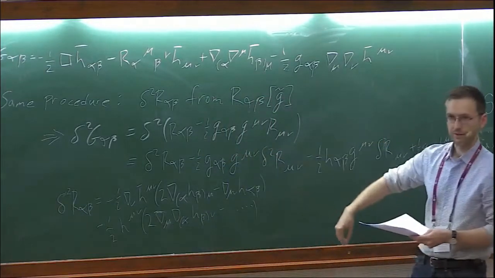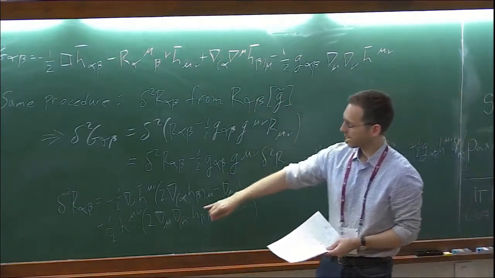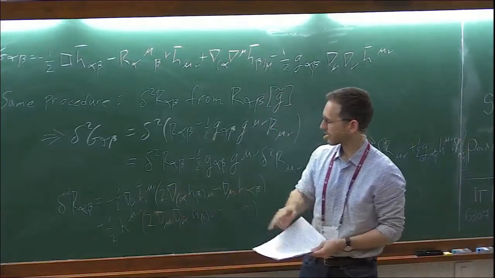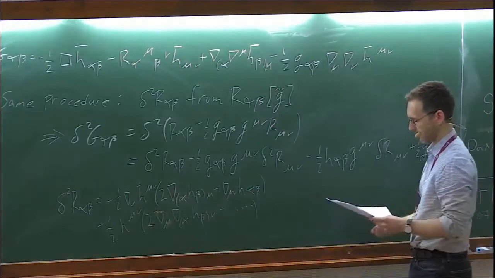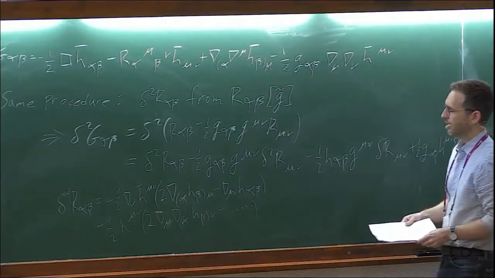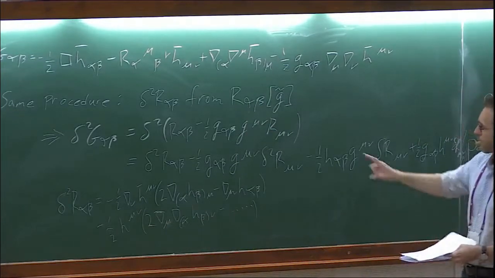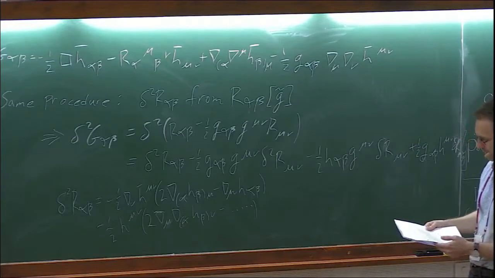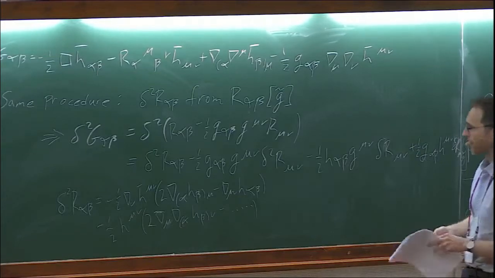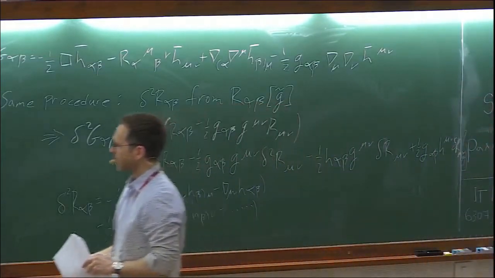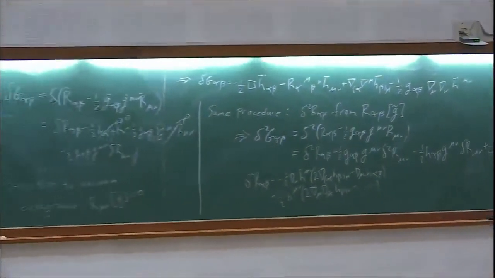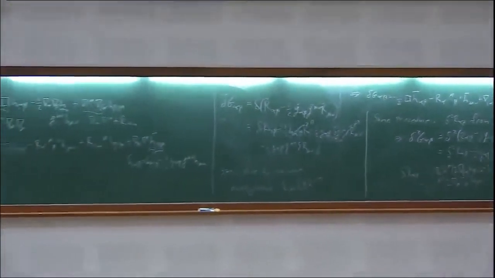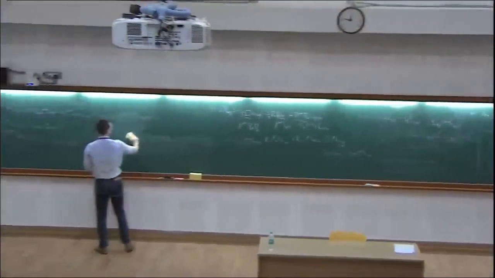And a bunch of other things. But they're all of this form. They're all either derivative of h times derivative of h, or h times second derivative of h. That's the structure that occurs in all the terms. Okay, so if you want to see the whole expression, you can just look it up in any number of papers. But now I'm just going to continue on schematically to look at the form of the Einstein equation.